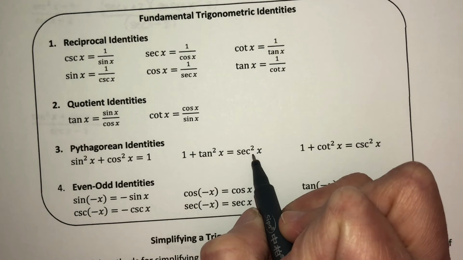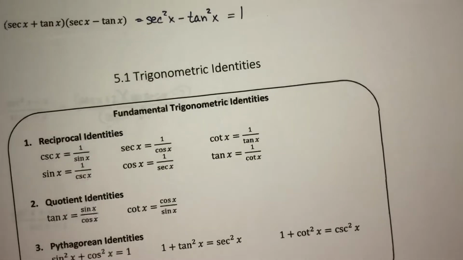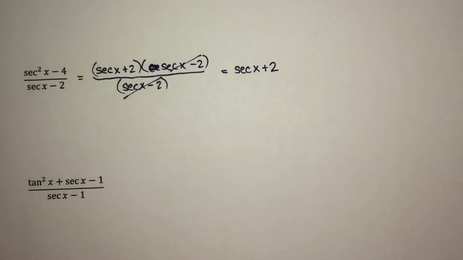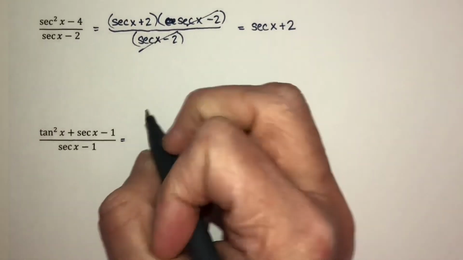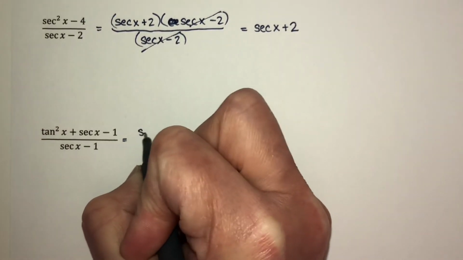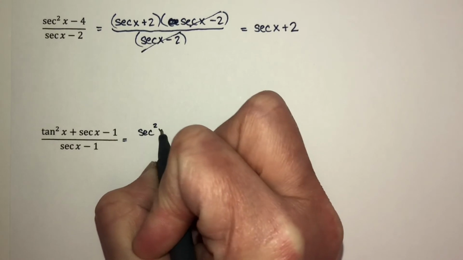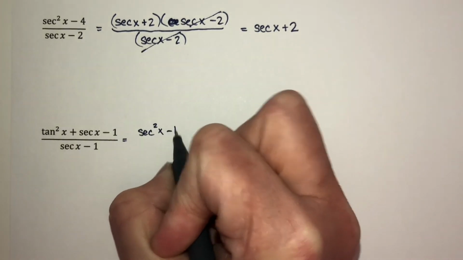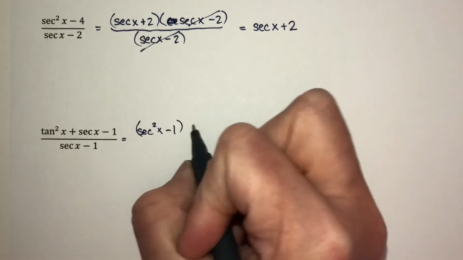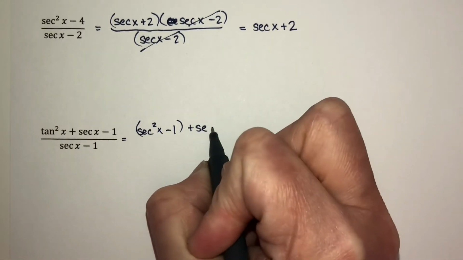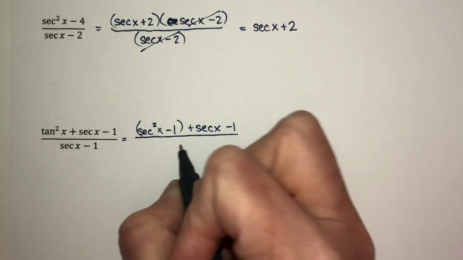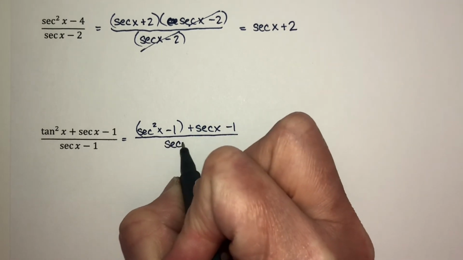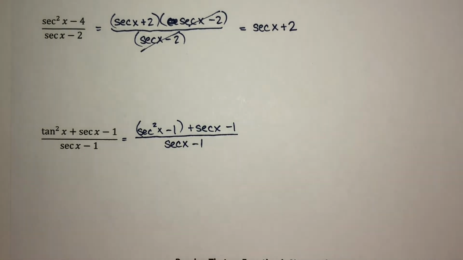Secant squared x minus 1. So what I'm going to do is, instead of writing tangent squared, I'm going to write secant squared x minus 1, and that's my tangent, plus secant x minus 1 over secant x minus 1.